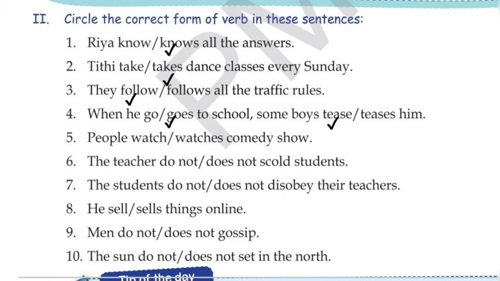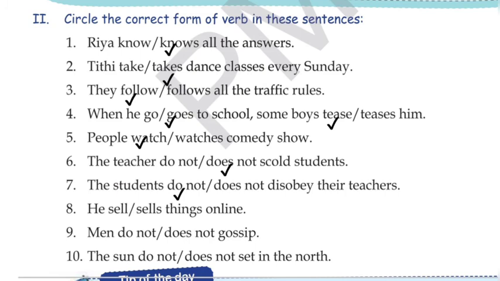Number 5, people watch or watches. People watch. Then the teacher do not or does not, so it is does not. The students do not or does not, so it is do not, because students is the plural form of the subject.